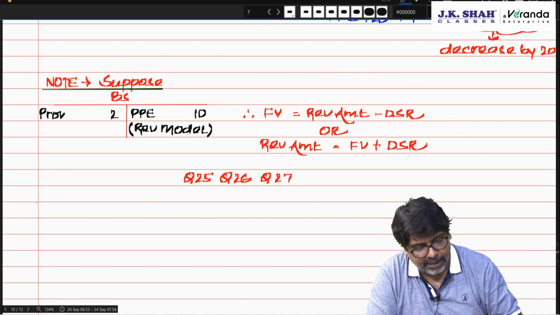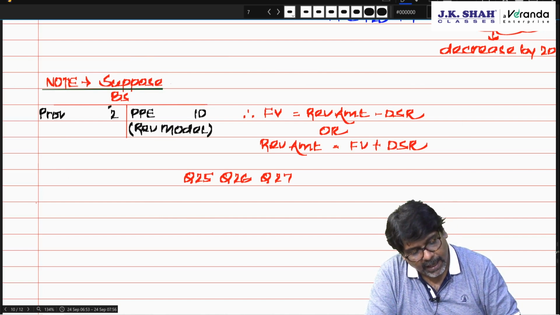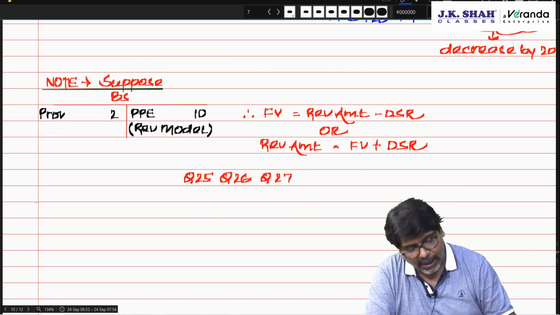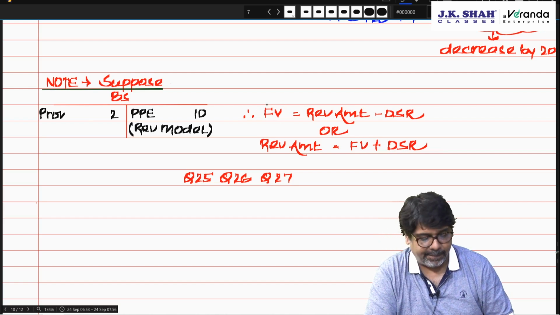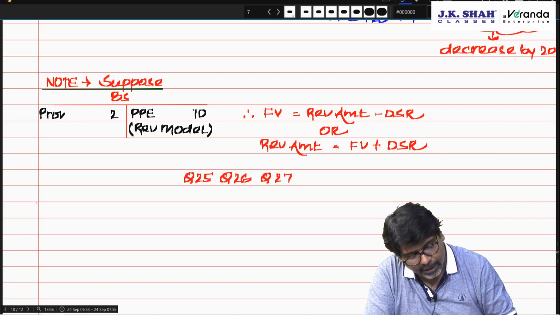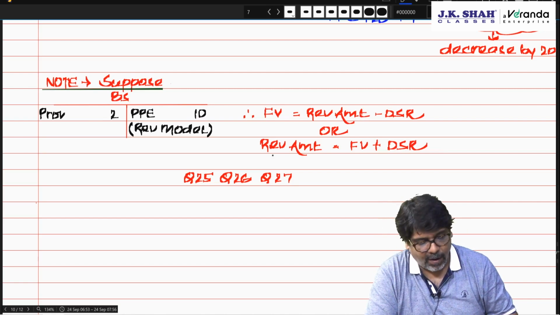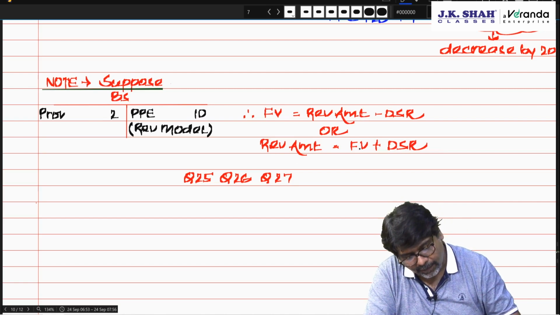Suppose the balance sheet shows PP at 10 rupees under the revaluation model, so this is fair value and this is provision. So fair value is equal to revalued amount 10 minus provision, or revalued amount is equal to fair value plus DSR.